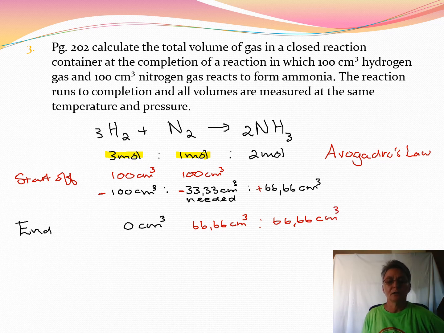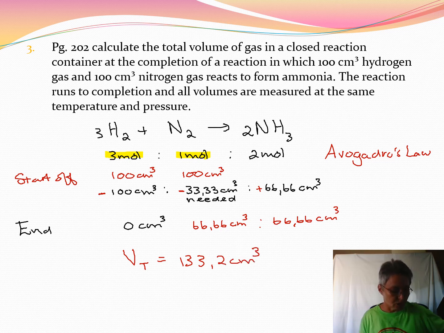So at the end, the total volume of gas is 66.66 times 2, which is 133.2 cubic centimeters.